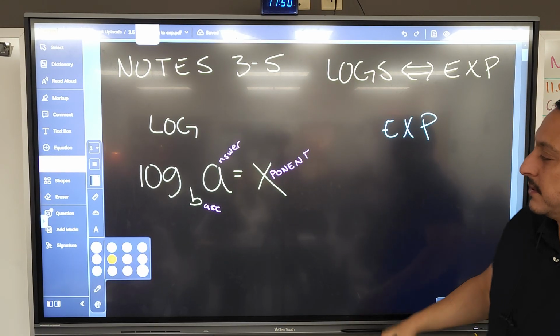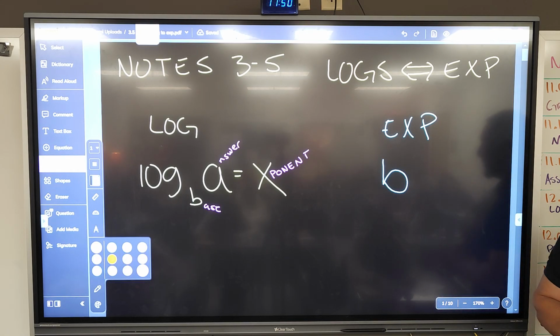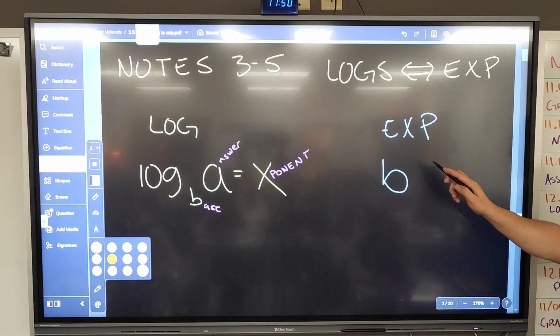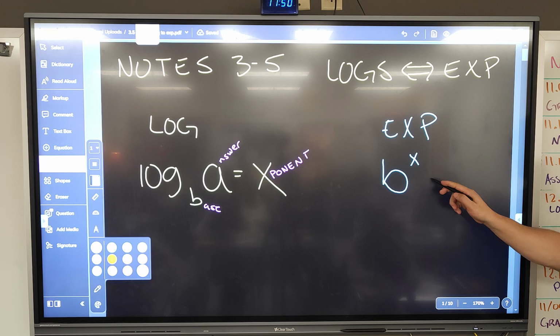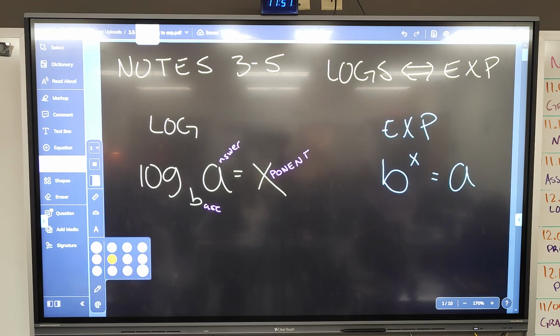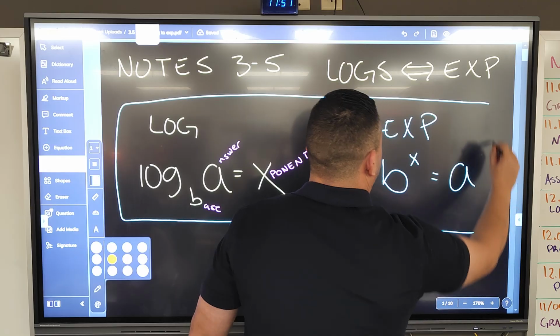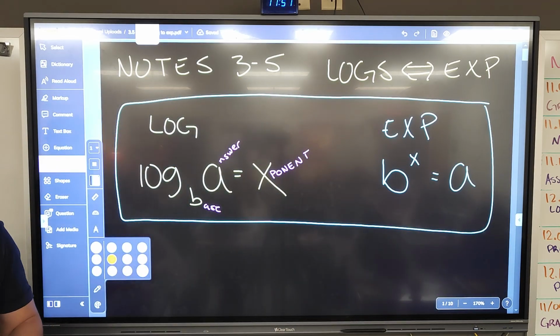Exponential form is this: b, the base, to the x, the exponent power, equals a, which is the answer. So that's how I said it. Okay, so box this in. That's what we use all today to convert from one to the other.